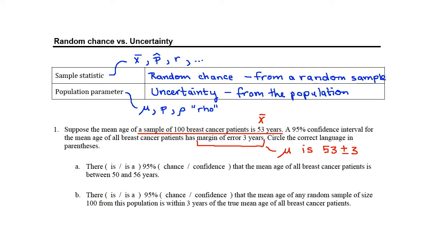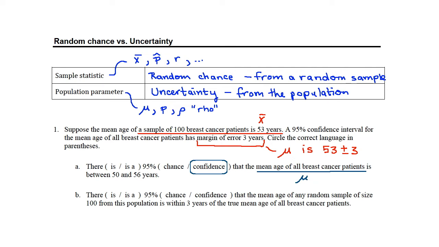So looking at this first statement here, we see that we're talking about the mean age of all breast cancer patients. So that is the population, and therefore the mean age of all breast cancer patients is a population mean mu. That means we are talking about confidence instead of chance.